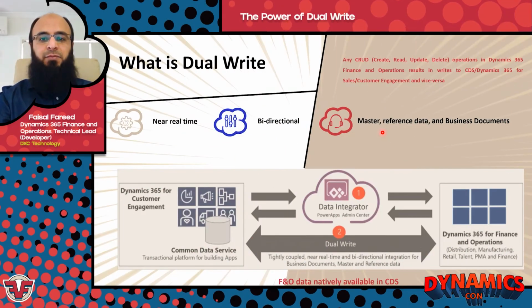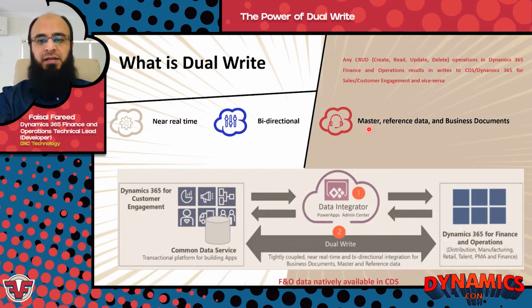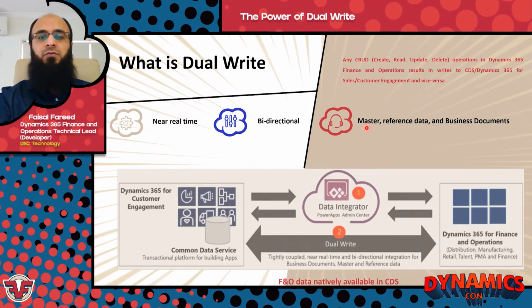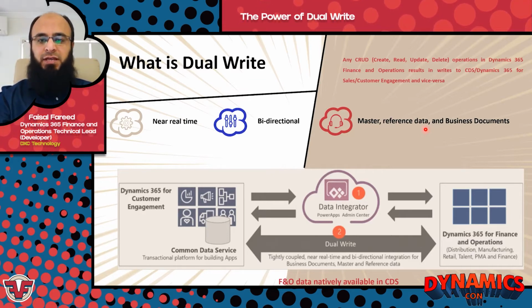What data types can you move across the environments? It can be of any type. When I say any type, you can use your master data, your reference data, and your business documents. Master data is the customers and vendors. For reference data, you can say sales tax groups, project groups, customer groups, vendor groups.